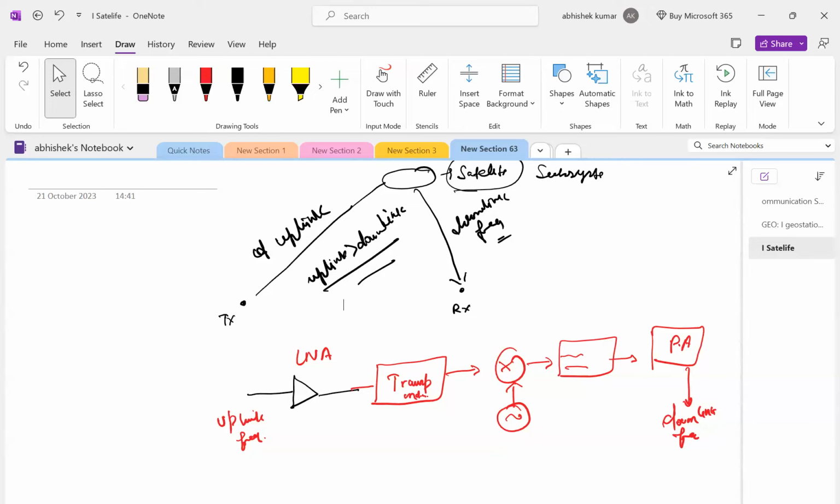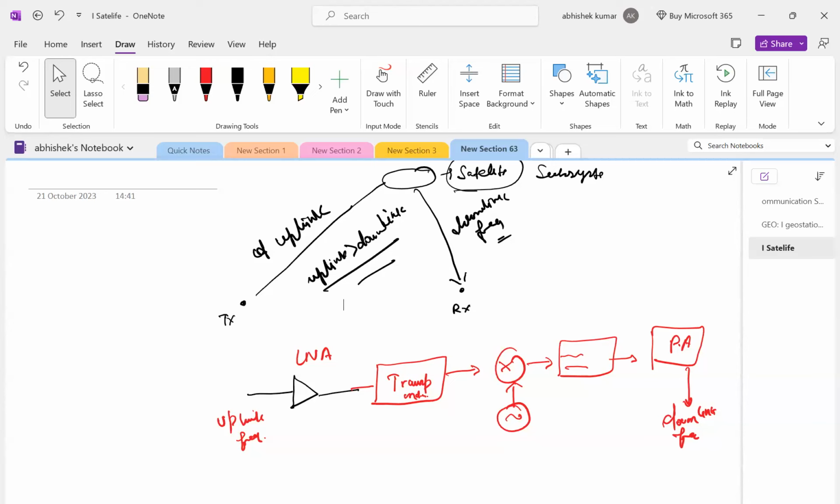So basically what it is saying is that if we are placing a satellite at different elevations, then the power being used is also different everywhere.